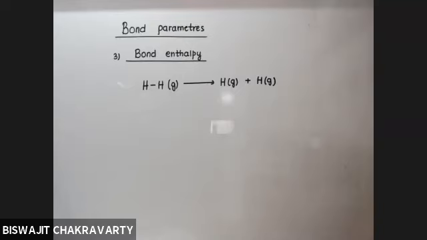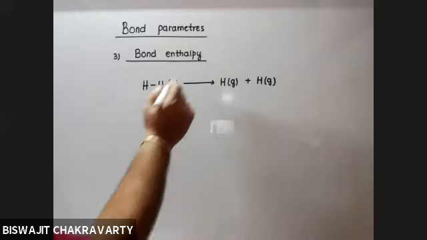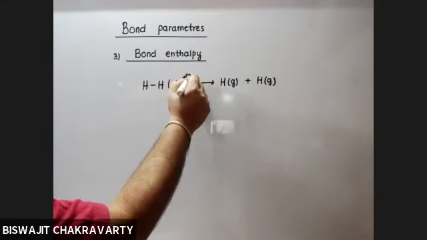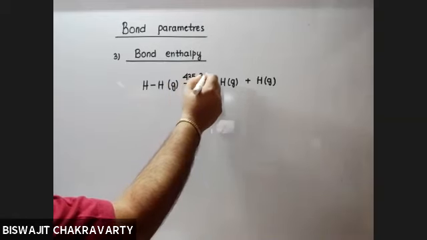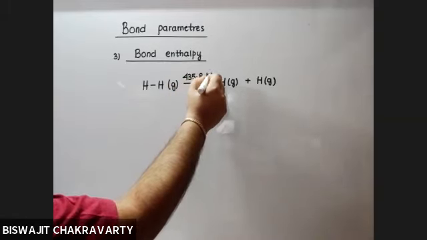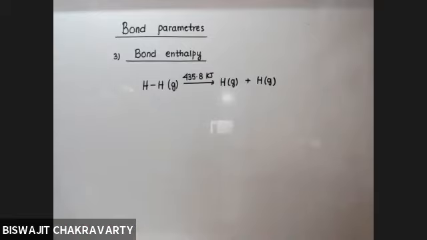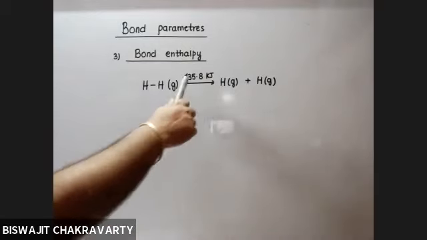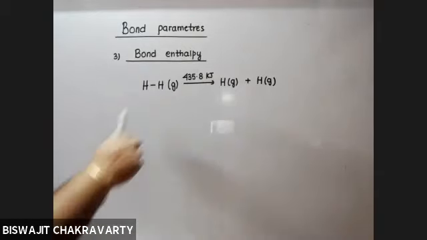So it has been calculated that to break down 1 mole of any kind of the same type of bond, whatever energy is required is referred to as the bond enthalpy. So for the hydrogen molecule, you need to supply 435.8 kilojoules of energy. This energy is required to break 1 mole of bonds.